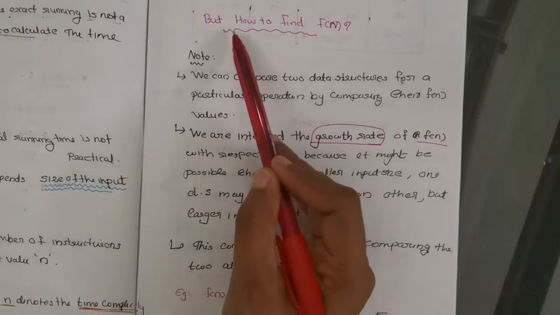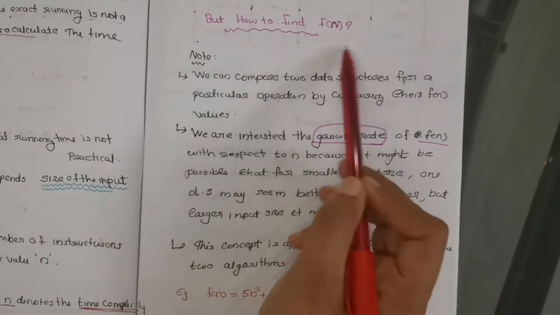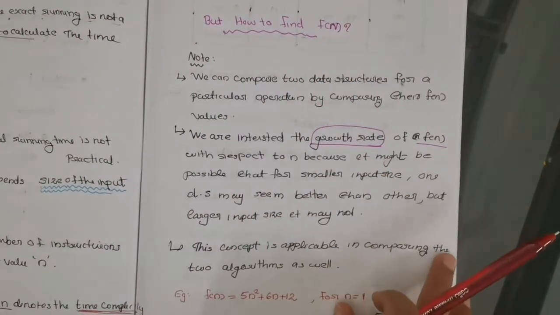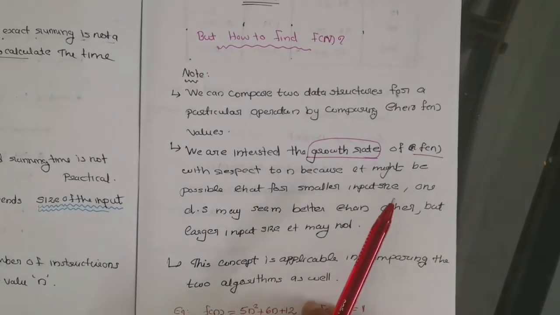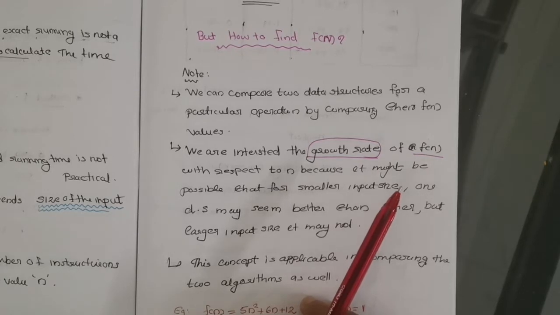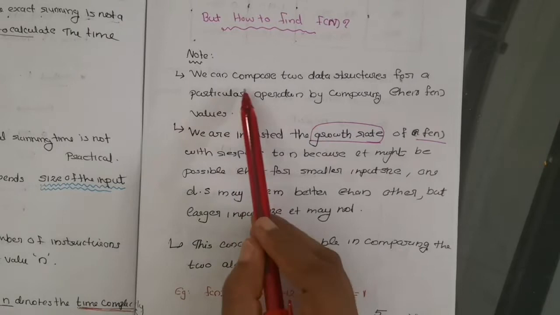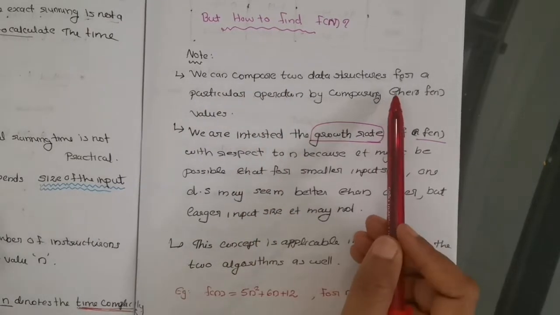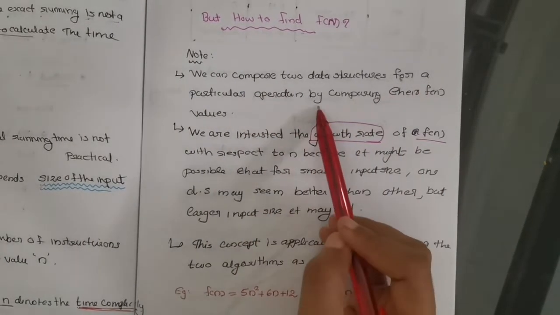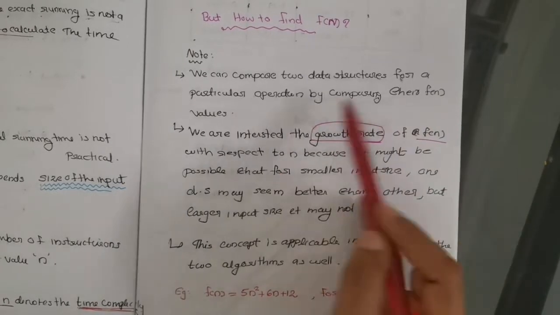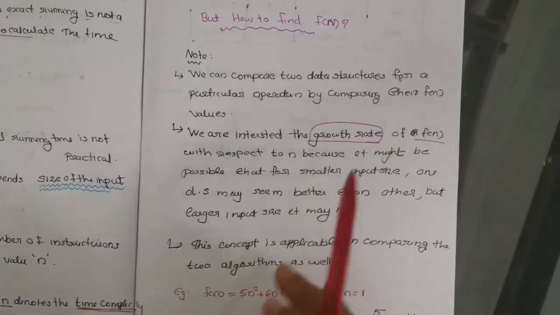Then how to find f of n? This is also a very tricky question. How can we find f of n? Is it easy? Every time we take the code and find it, it is not possible, right? We can compare two data structures for a particular operation by comparing their f of n values. That is one thing.